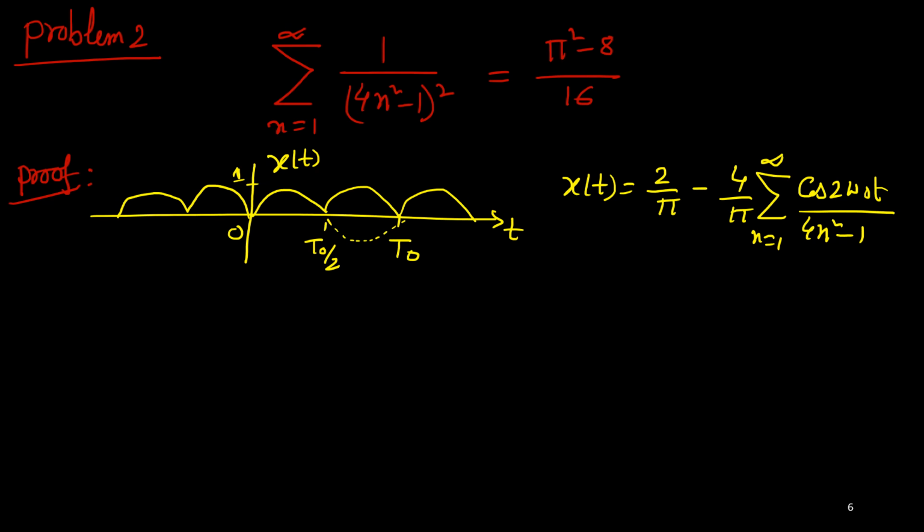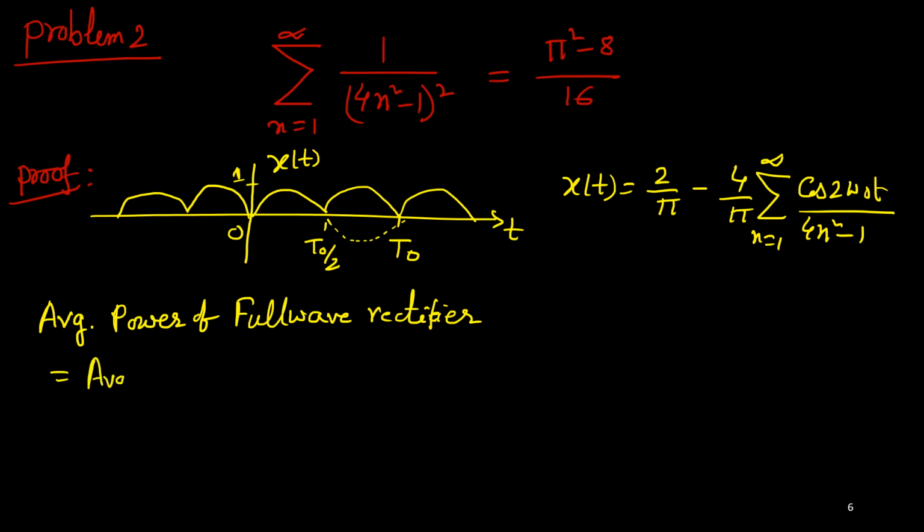Therefore, we can say that the average power of the full wave rectifier is the same as the average power of a sine wave. And that we know its value is half, and that we can easily calculate.